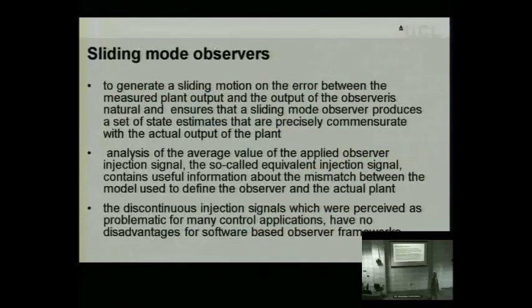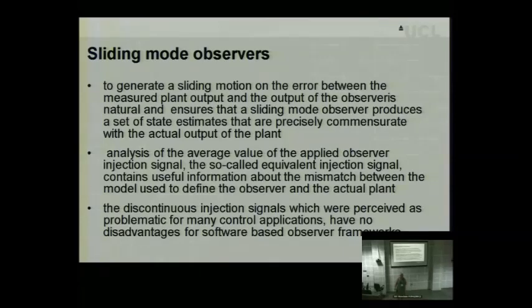And I've been asked several questions: the control problems that we have solved have been stabilization problems, and I've been asked about tracking problems.